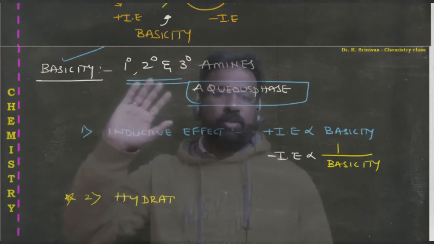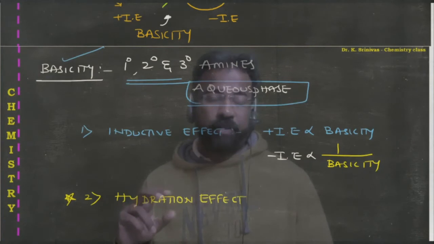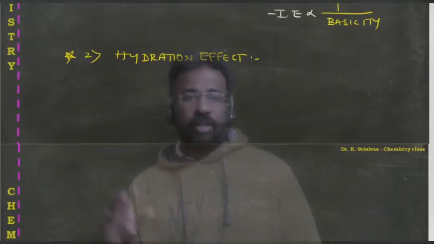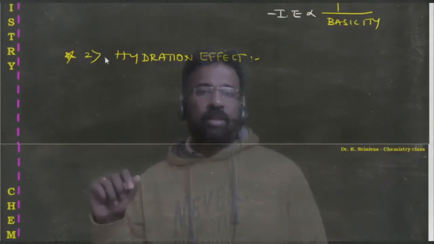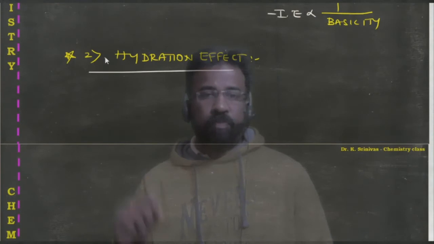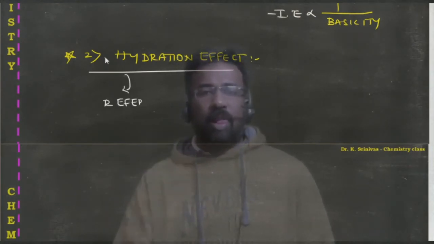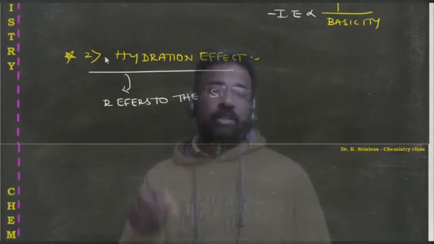Next, let us go to the second category: the hydration effect, which is very, very important. What is this hydration effect? Whenever we are using H2O as the solvent, we say it is the hydration effect. What exactly is happening here?